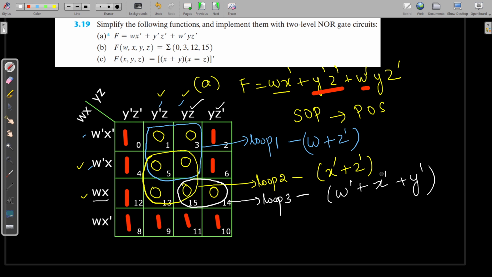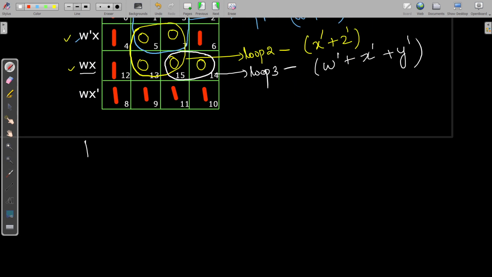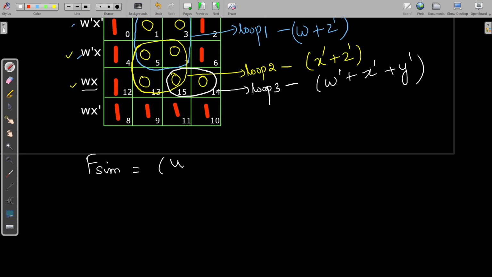So this is the simplified expression. Now we can form F by combining them. So F simplified is equal to (w plus z') times (x' plus z') times (w' plus x' plus y').